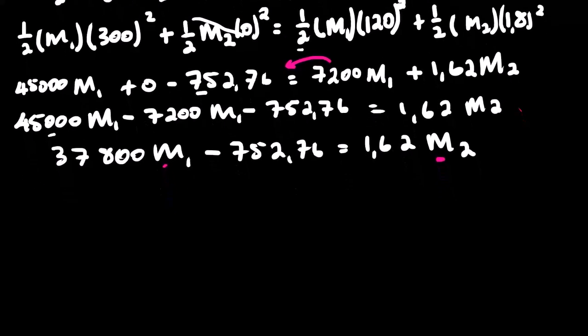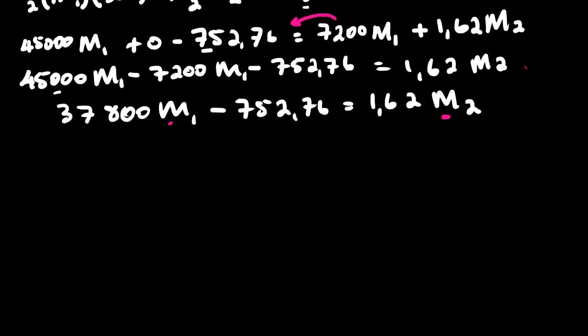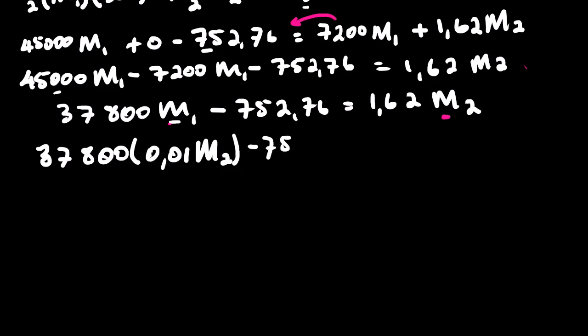You can see that this is actually a simultaneous equation. So let us go ahead and substitute. This is our m1. So we have 37,800. We substitute it with 0.01 m2 minus our lost kinetic energy 1.62 m2.